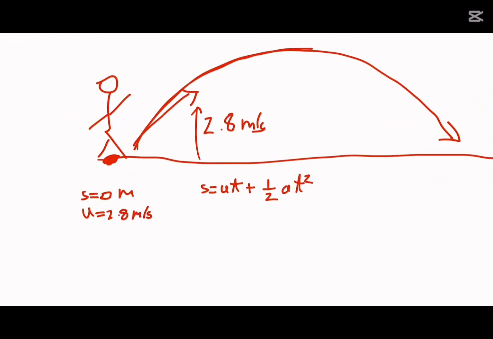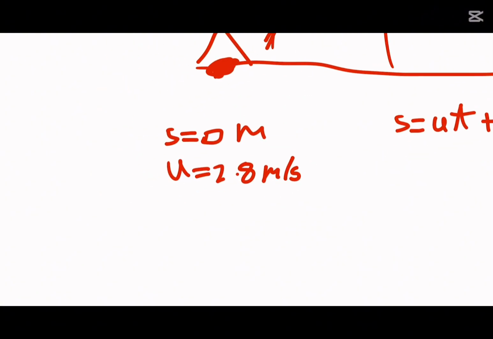The person is being acted on by gravity, which always pulls downwards. So the acceleration is negative 9.8 meters per second squared.